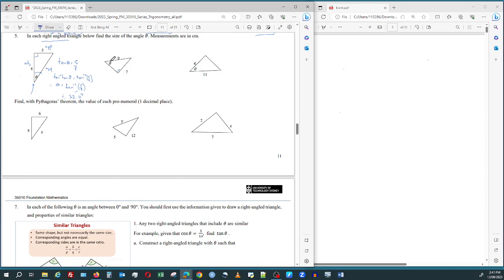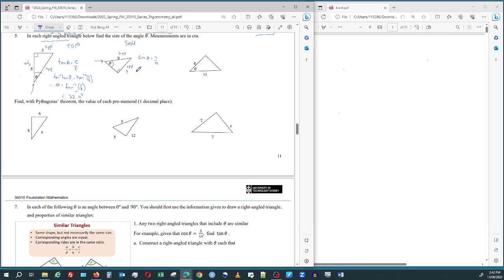Okay, for these right angle triangles, we're told in the question that they're right angle triangles, so we can keep using that idea. Just looking at it from this angle, this time we've got a hypotenuse and an opposite. So sine of theta will be equal to 7 over 9. Opposite over hypotenuse.